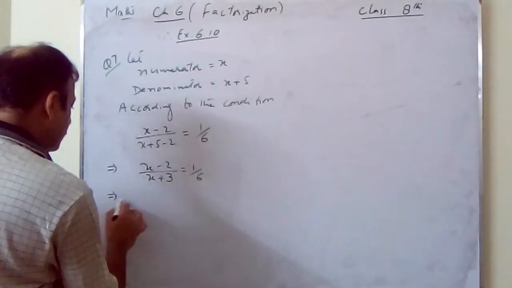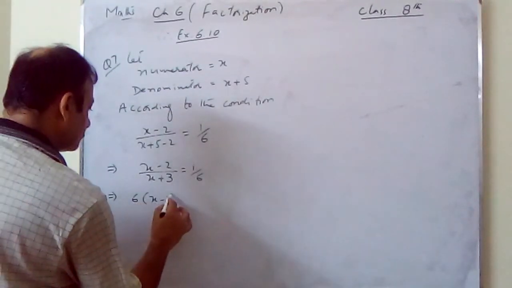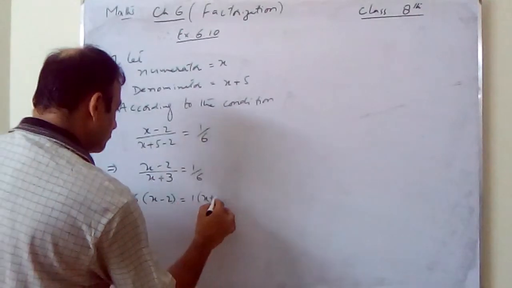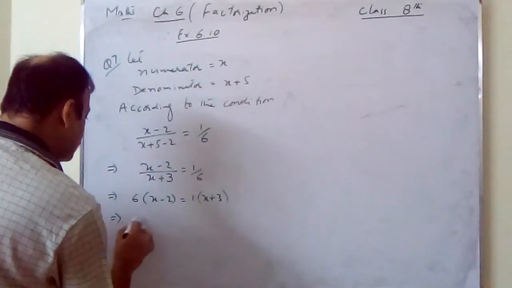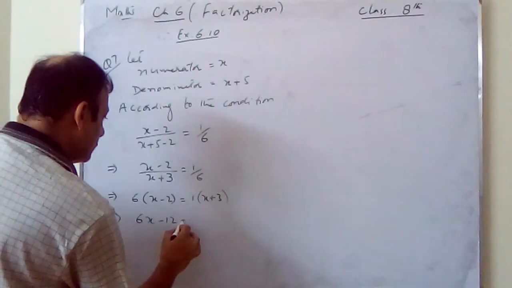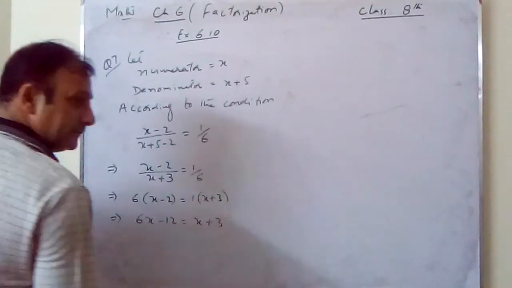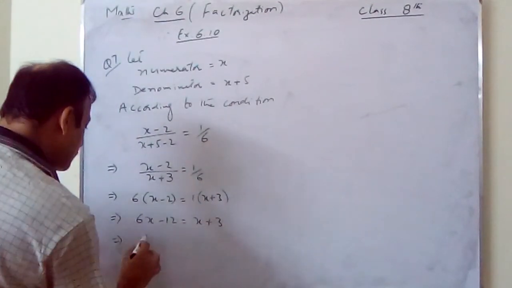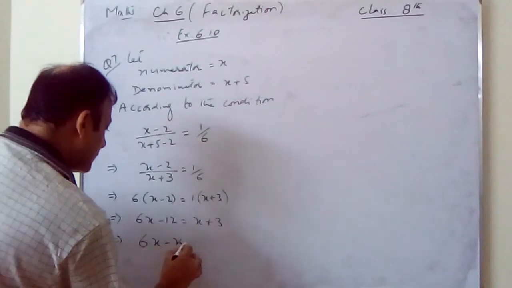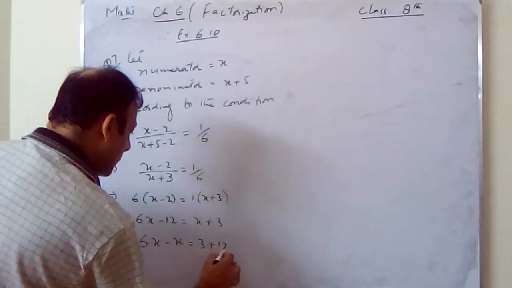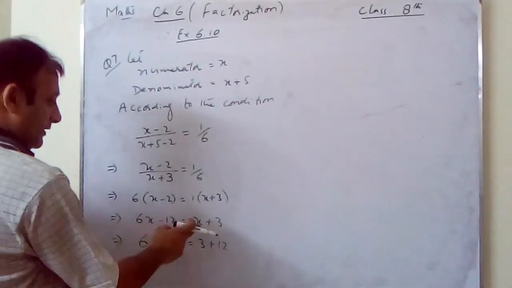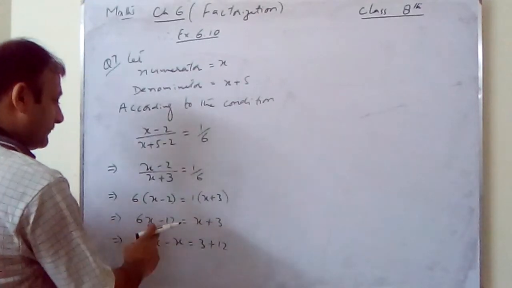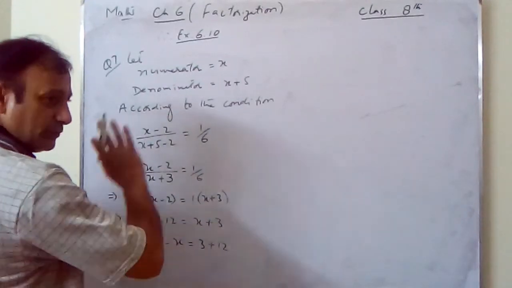By cross multiplying, we get 6x minus 12 equals x plus 3, or 6x minus x equals 3 plus 12. Shift the value x from right to left and the value minus 12 from left to right.